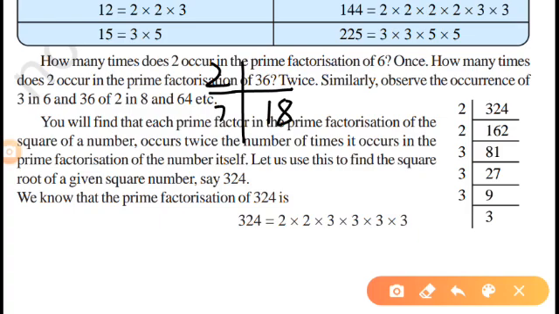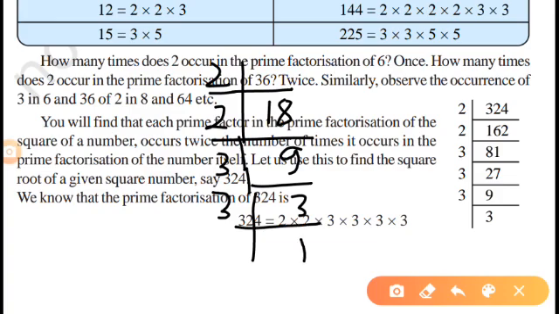Again we divide by 2, we get 9. Now 9 is not divisible by 2, so we divide it by the next prime number, that is 3, and we get 3, and again we divide it by 3 and finally we get 1. So the prime factorization of 36 is 2 cross 2 cross 3 cross 3.